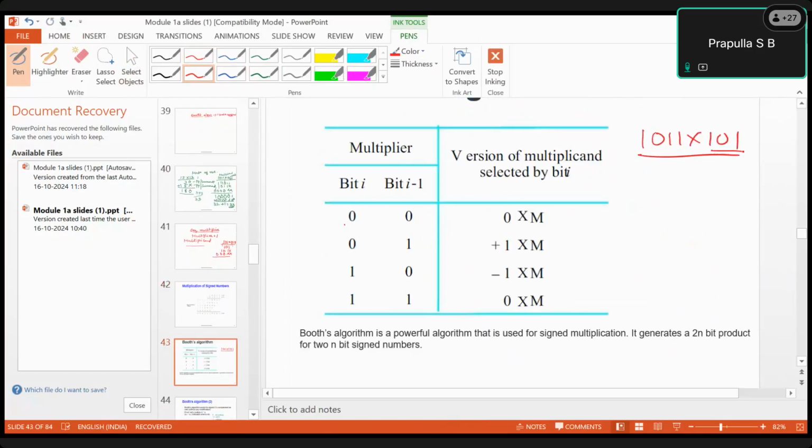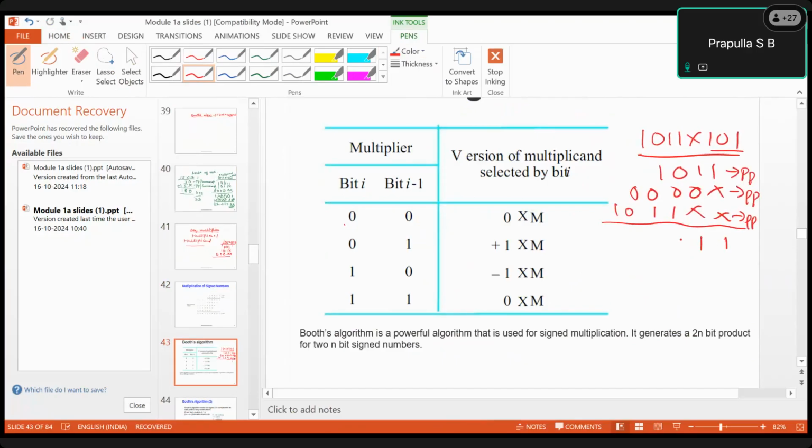With 3 bits in my multiplier, I will be getting 3 partial products, something like this. These are called your partial products.